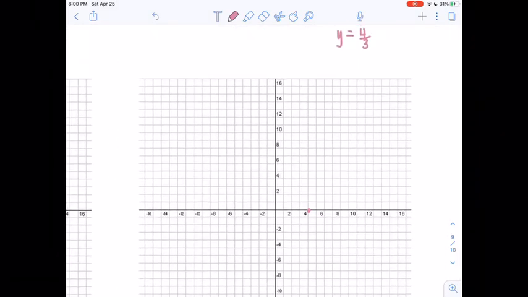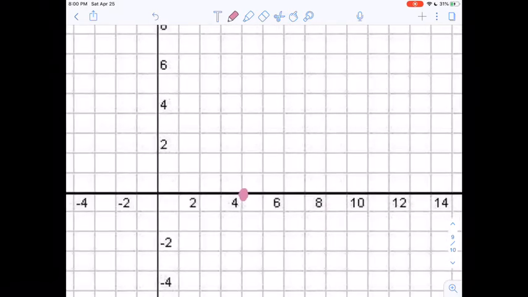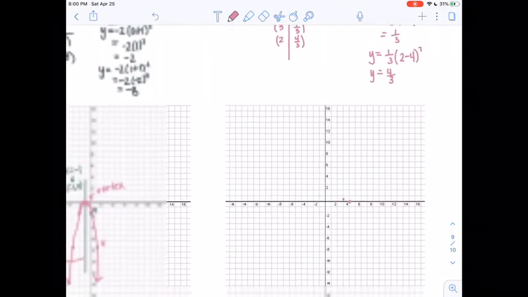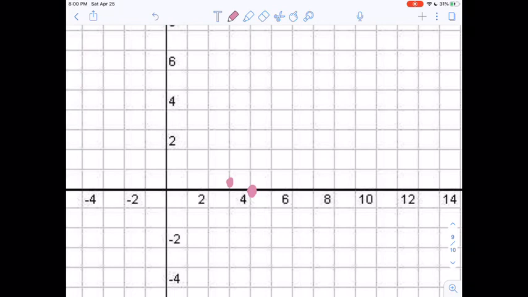My graph should be pointing upwards, so make sure your points correspond to that. So I have 3, 1/3. So that will be somewhere over here. And then I have 2, 4/3. So 2 and then 4/3 is 1 1/3, so somewhere right here.